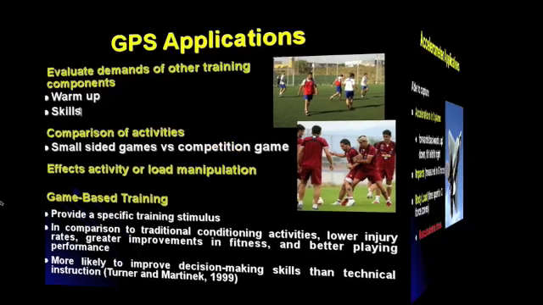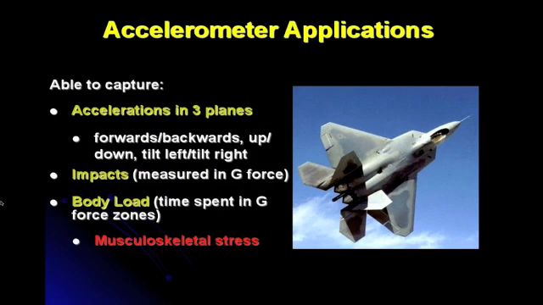The SPY Pro has a built-in tri-axis accelerometer allowing for the measurement of accelerations, decelerations, impacts, and as I mentioned previously, G-forces when running into each other, body loads, so that can be time spent in certain G-force zones, and really the overall measurement of musculoskeletal stress. Now this is an area that I think in combination with GPS and heart rate really adds huge value to the overall measurement of the loading placed upon the athlete.